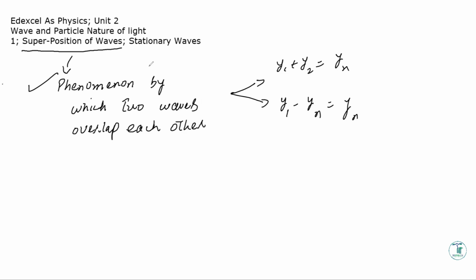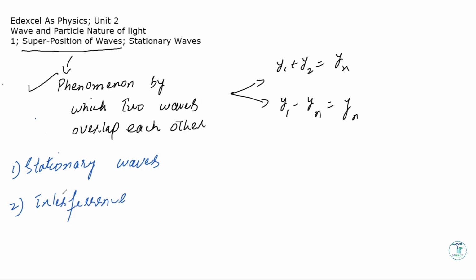Now there are different phenomena resulting from the superposition of waves. One of them is stationary waves, and secondly, we have the interference of waves. We need to know the necessary conditions for the production of stationary waves.